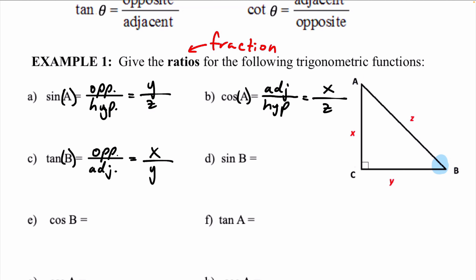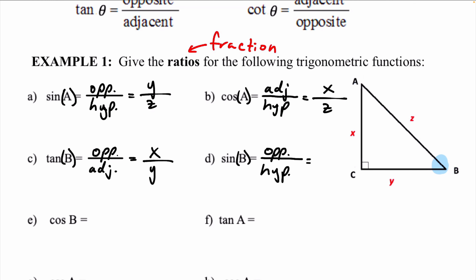All right. Sine of B now. We just said, for A, sine was opposite over hypotenuse. That's still the same. But it's not going to be the same answer because I'm in a different spot now, right? If I change buildings, opposite and adjacent are no longer the same.